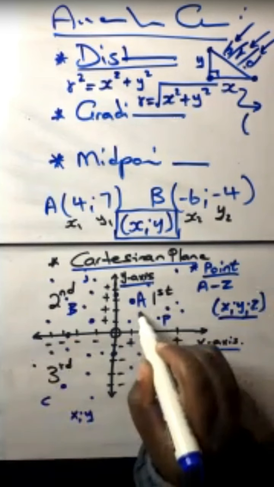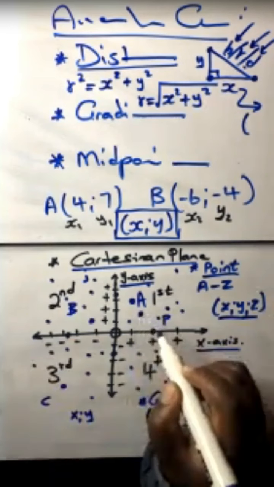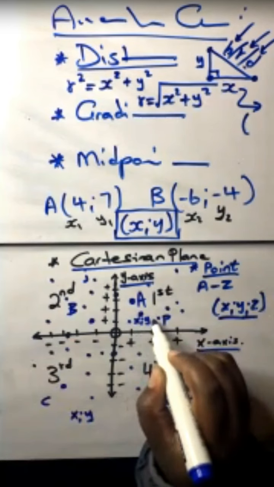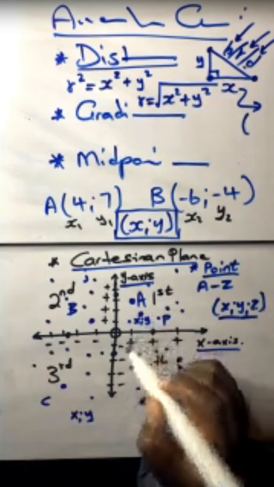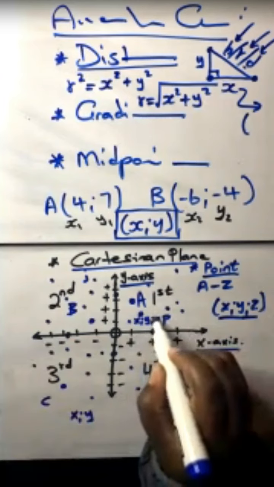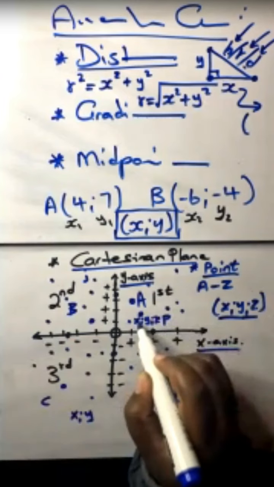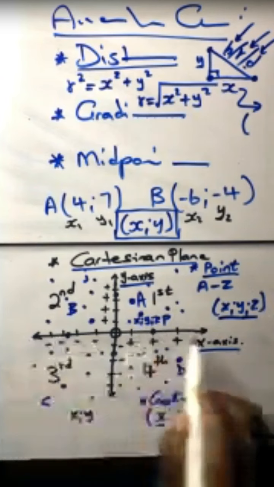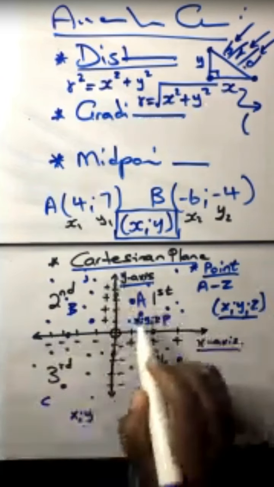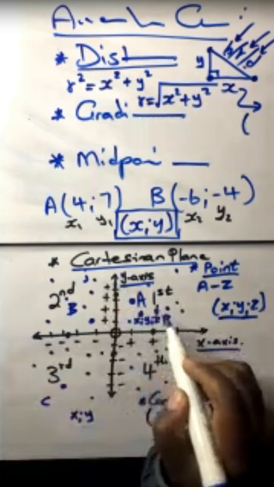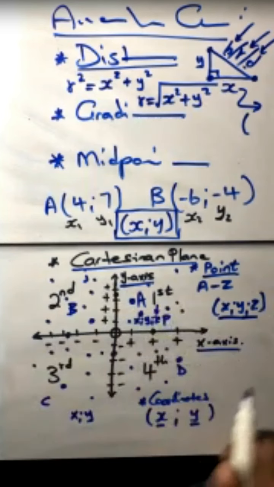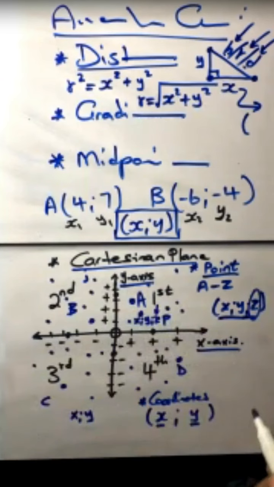If it's at that point there, we need to know the x and the y, and in civil or after metric, we want to know the z. So the x is the position along that line, and the z represents the height. Let's not go deep into that one for now and only focus on the x and y.